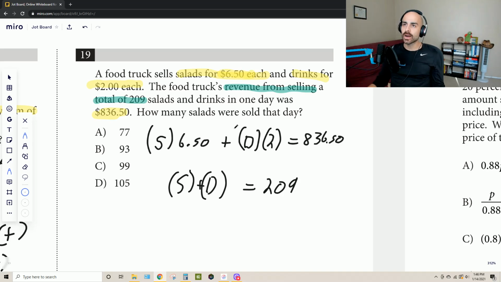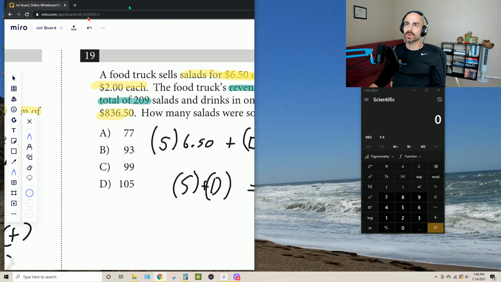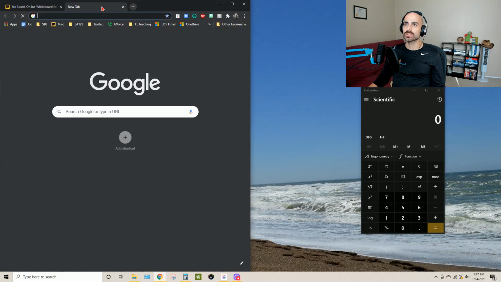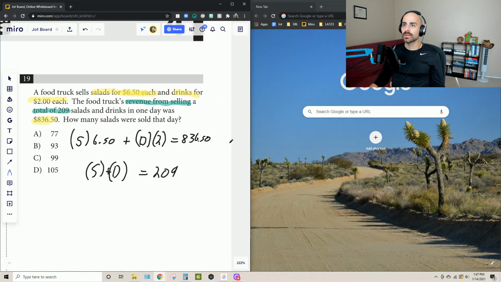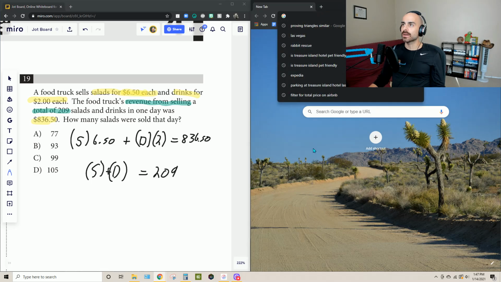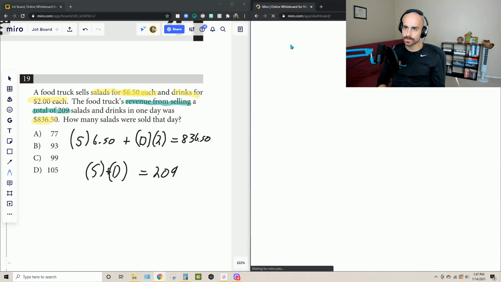Okay, now if you have a graphing calculator, this is a great opportunity to just plug these in and use that as a tool. So let's practice that here.